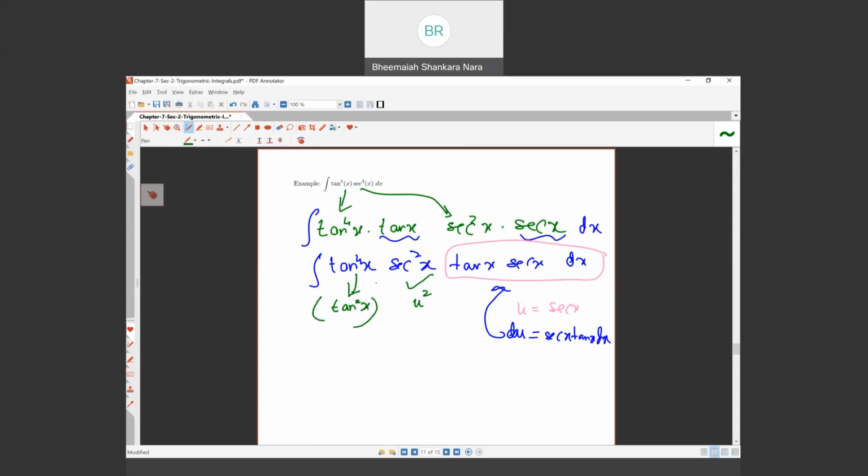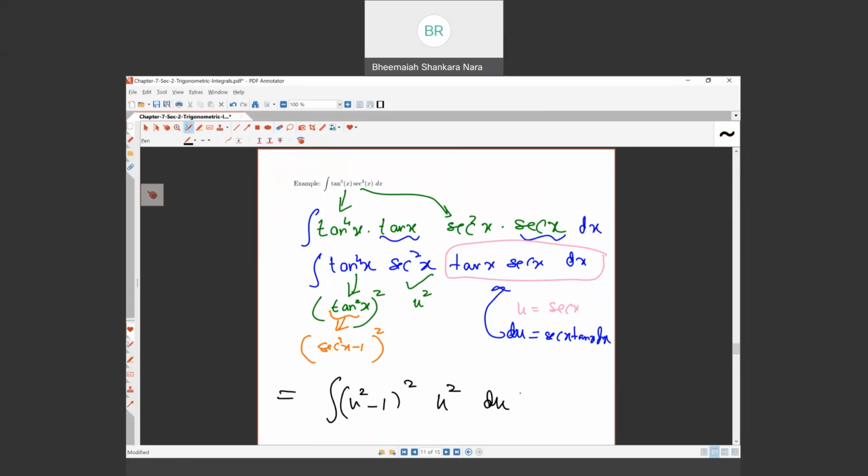And the formula for tan square x will be, let me change this a little bit, secant square minus 1, and then I have a square. So when you use all this plugin, the tan to the 4 term becomes u square minus 1, the square, and then times u square, and then times du.